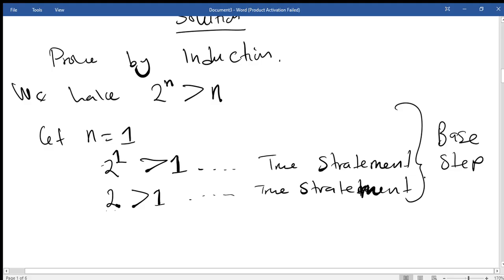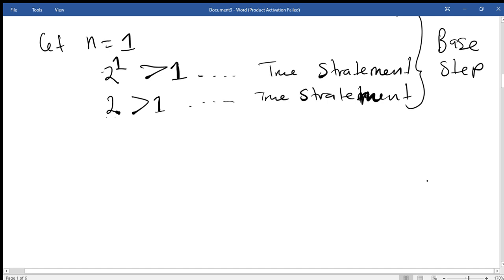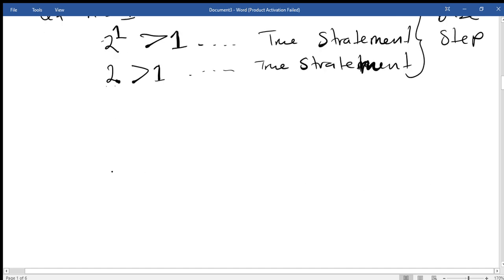For the inductive step, this time we let n be equal to k.